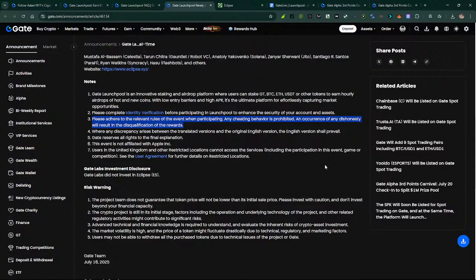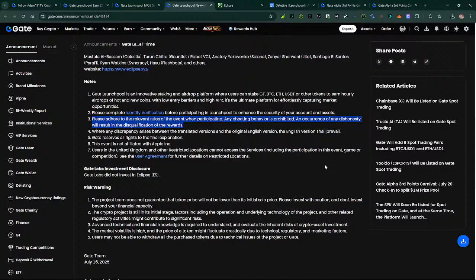And the market volatility is high, and the price of the token might fluctuate drastically due to technical, regulatory, and marketing factors. There are times when even a single news headline can affect the market. So remember that this market is always volatile. It can go 10% down, it can go 10% up, 20% up within an instant.